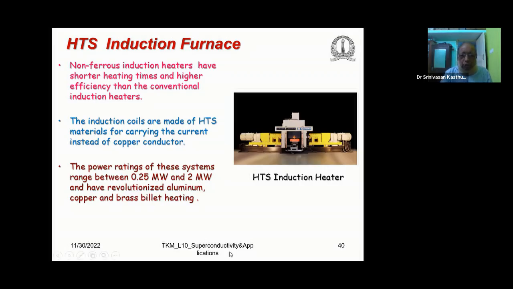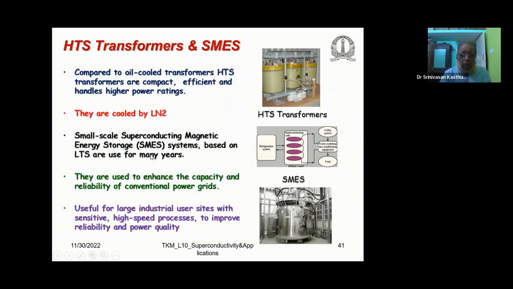For example, in the photo, you can see a high temperature superconductor induction heater, because large currents have to be passed through the high temperature superconducting material in this induction furnace. I was mentioning the high temperature superconducting transformers and also superconducting SMES.